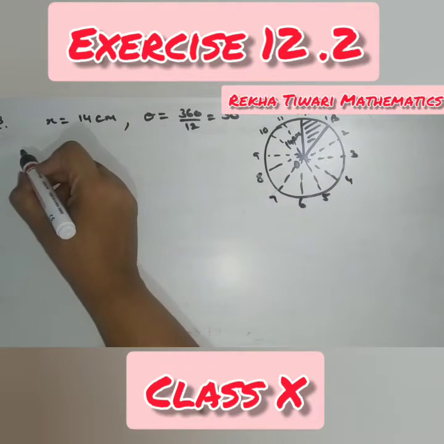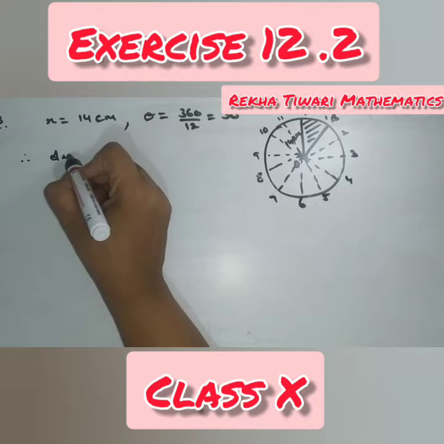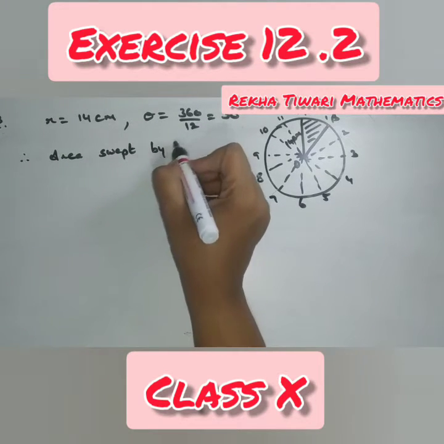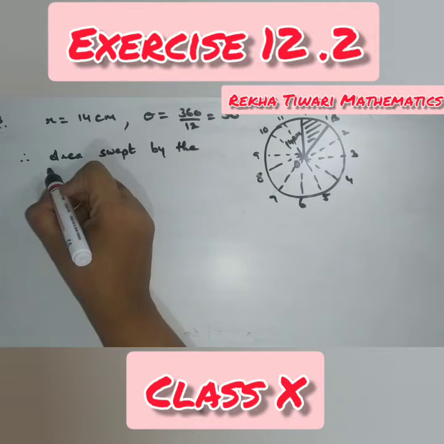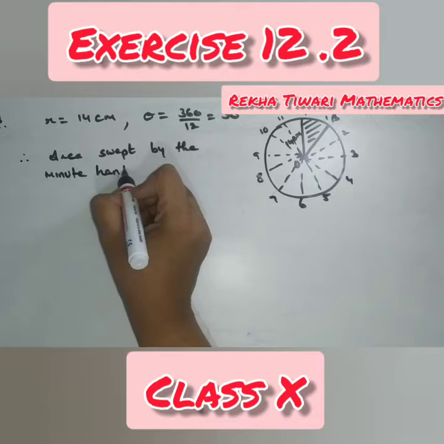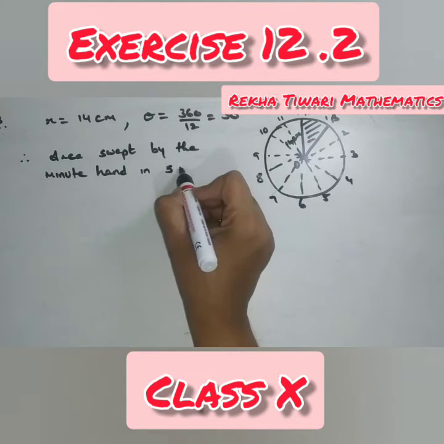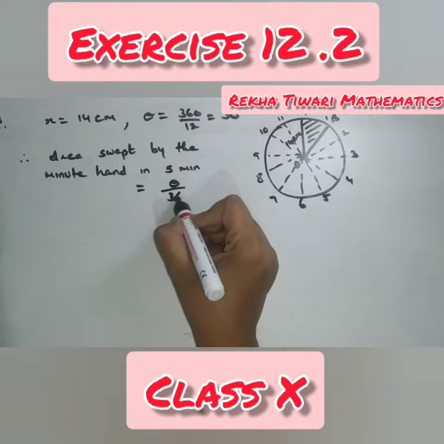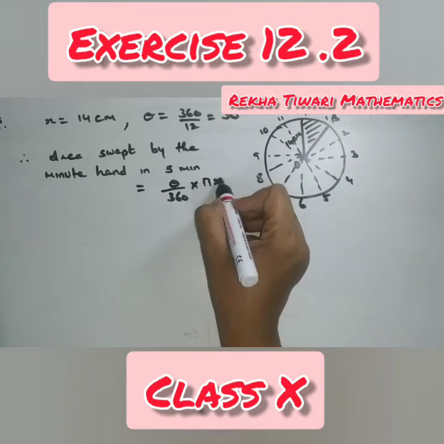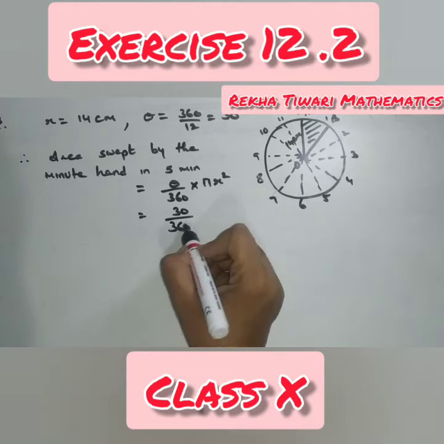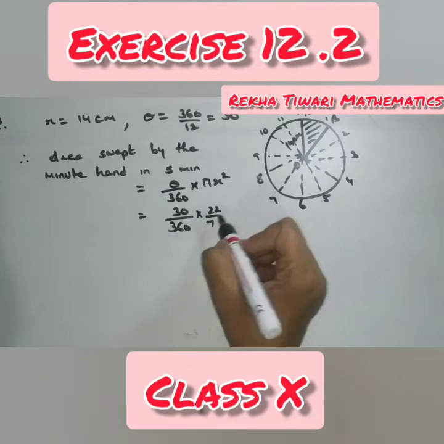So therefore area swept by the minute hand in 5 minutes is equal to theta upon 360 into pi r square. Theta is 30 upon 360 into 22 by 7.